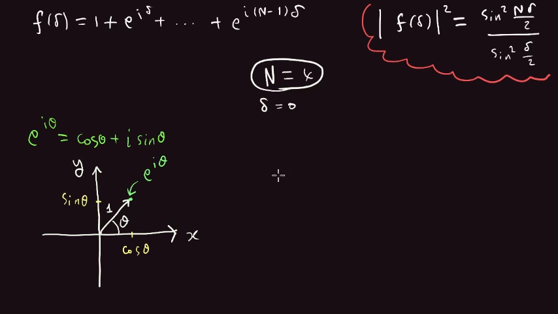If delta equals 0, then all of these numbers, there are 4 phasors, and all of these numbers are 1. So when you add these phasors, let me use a reddish color for all the phasors, this here is 0 and 1, and there are 4 of them.